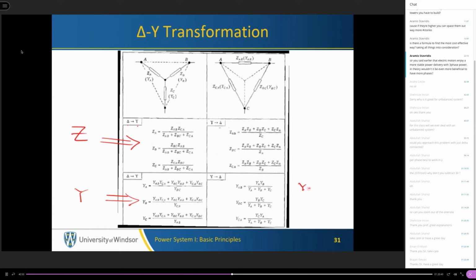By definition, Y is 1 over Z. If you have an impedance with an X and R, Y, which is the admittance, is 1 over Z. This is useful, especially when we conduct power flow studies to calculate system voltages, currents, and so on. We usually use the admittance, not the impedance of the system.